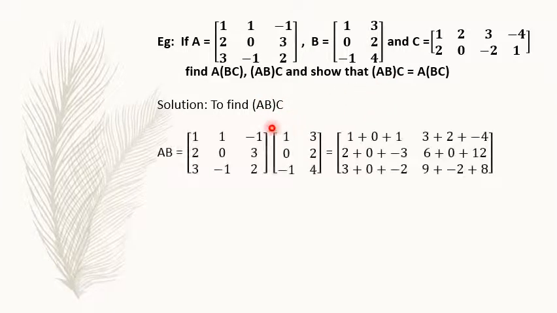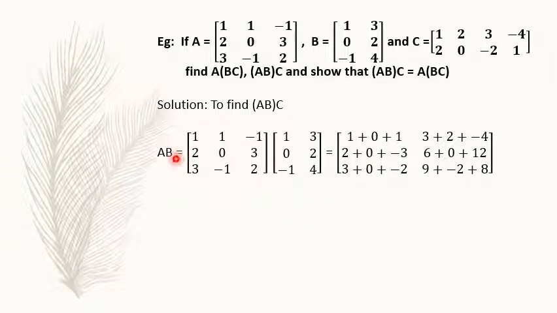To find (AB)C, first we need to find the product of two matrices A and B. Here, A has 3 columns and B has 3 rows. So, we can multiply A with B. In the previous video, we discussed how to multiply two matrices. So, in that way, we multiply these two matrices.